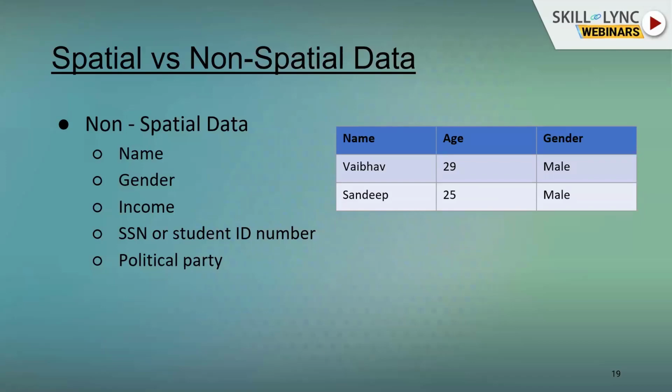This sort of data is known as non-spatial data. Why non-spatial data? Because there's no location attached to it, right? I mean, the address is a location, but it's not in a spatial format. You cannot just see that address and reach me. No, you cannot. You would have to be really smart to do that.